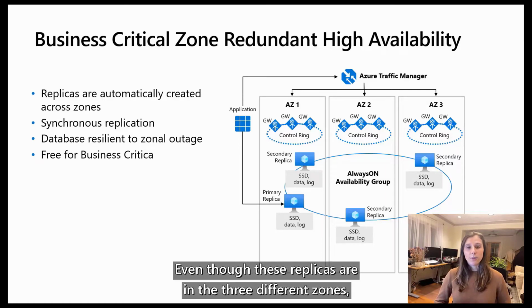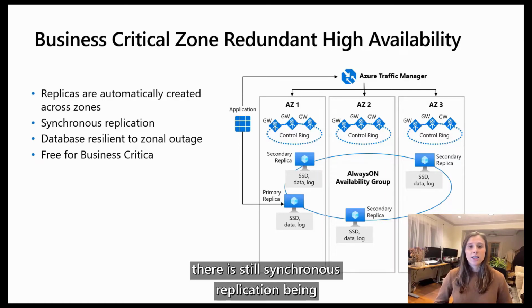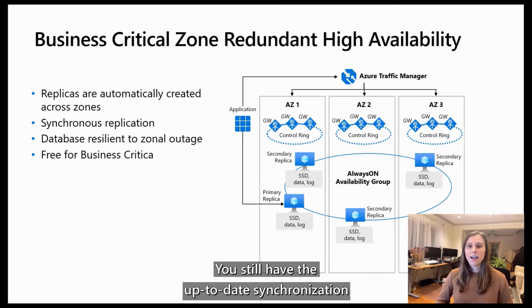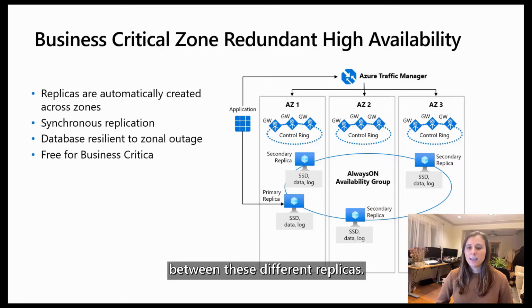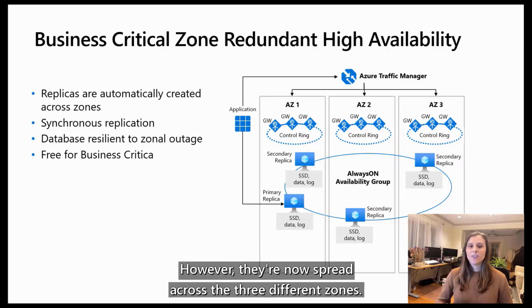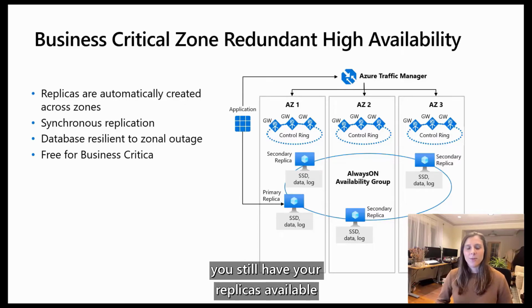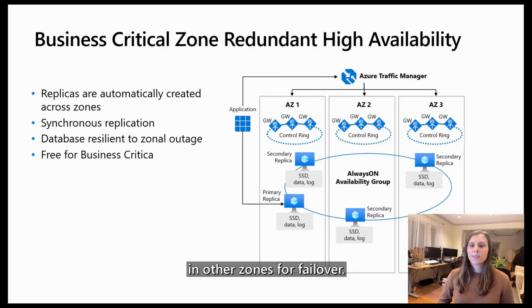Even though these replicas are in 3 different zones, there's still synchronous replication between the primary and the 3 secondaries, so you still have that up-to-date synchronization. However, they're now spread across the 3 different zones, so if one of the zones goes down, you still have your replicas available in other zones for failover.